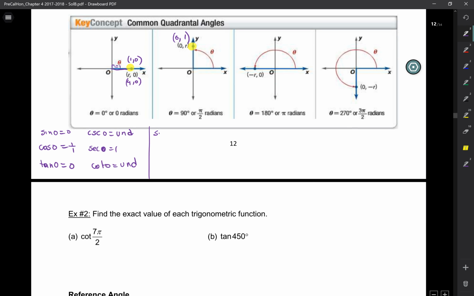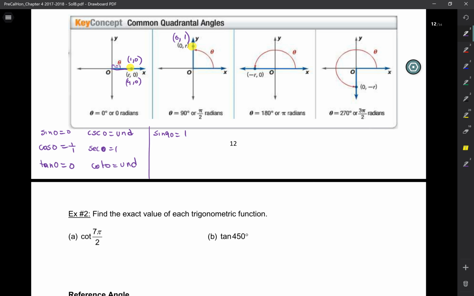So now, how would you find the sine of 90 then? It's how much you go in the y, which is what? 1. Okay? Do I even bother with the r? You're just dividing by r, which is dividing by 1, so don't even bother. So when somebody asks me, what's sine of 90?